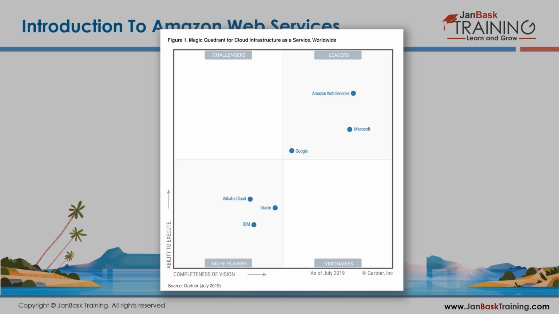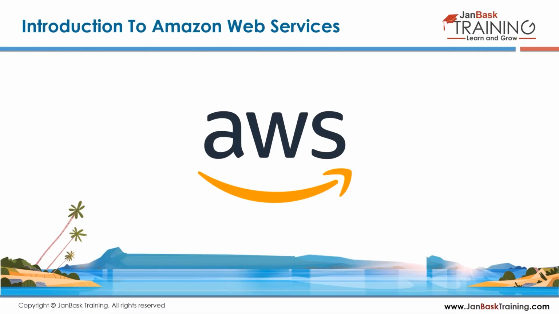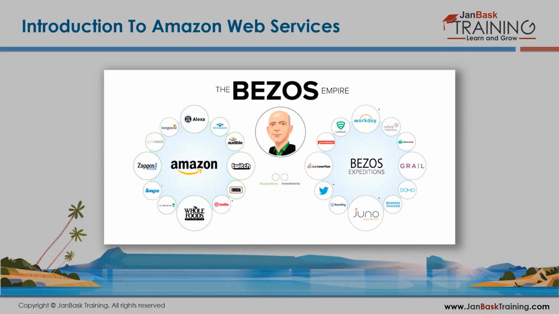Amazon actually loses money on online shopping. If they didn't have AWS, they'd be out of business by now. If you look at Jeff Bezos' empire, this is his empire, right? And Amazon is right there in the middle of it. 80% of these companies are actually losing money.